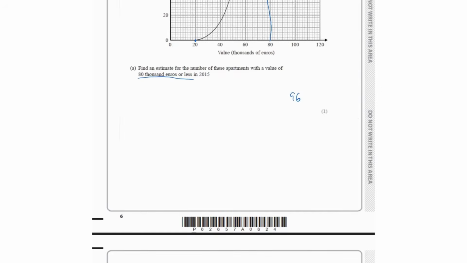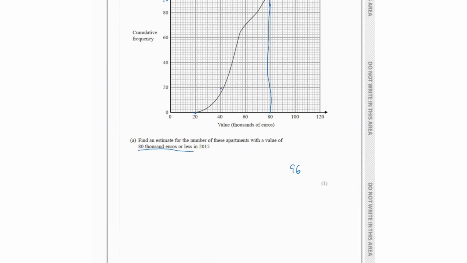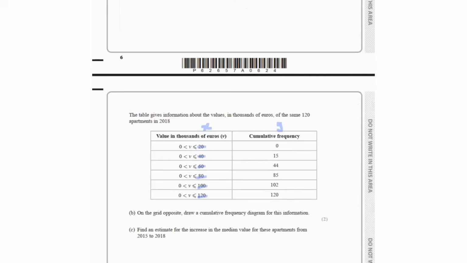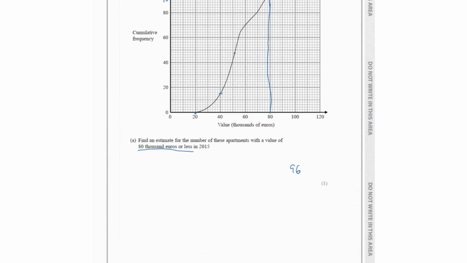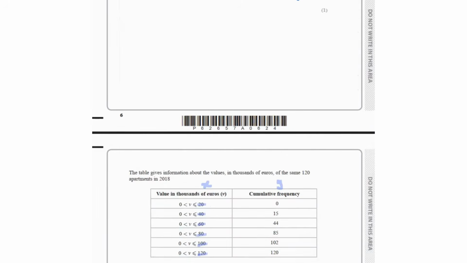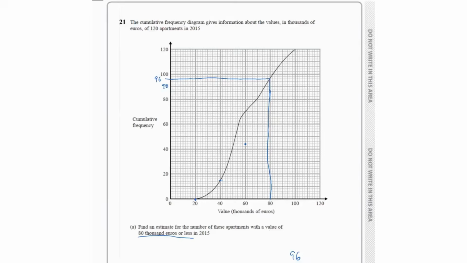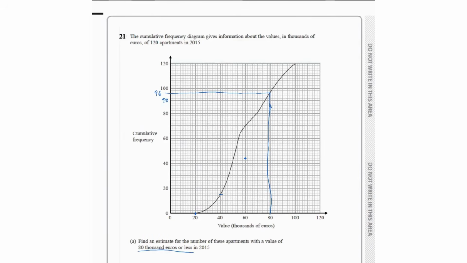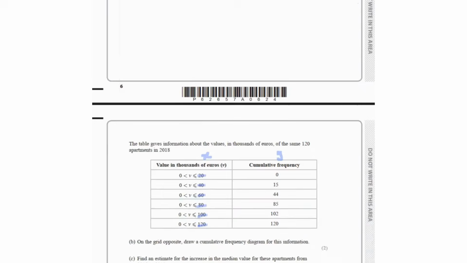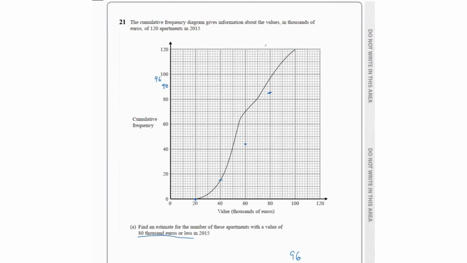At 40, it's 15. 60 is 44. 80 is 85. 100 is 102.